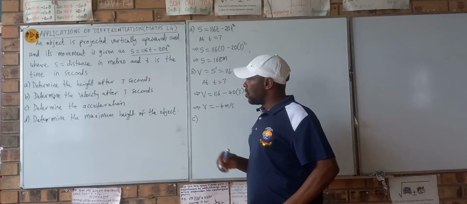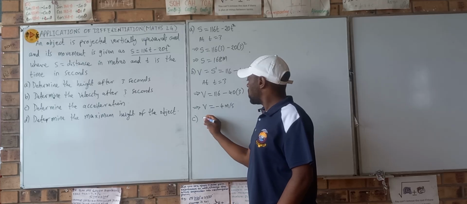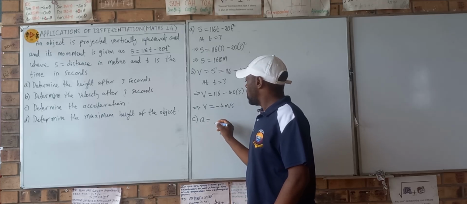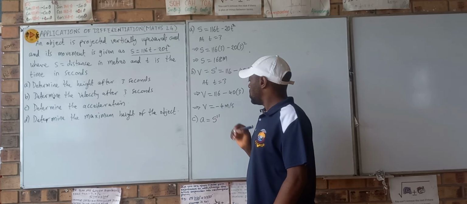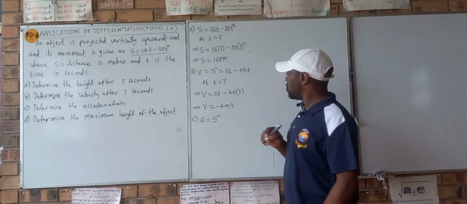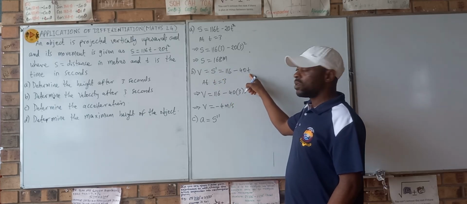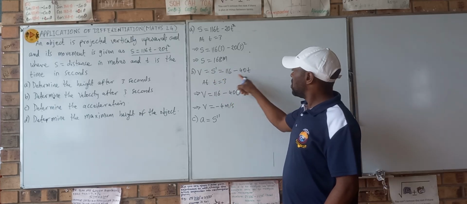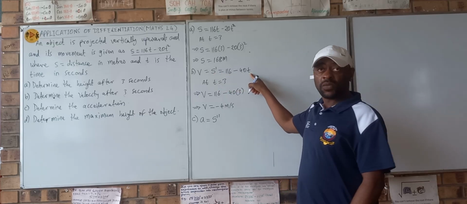So we can now go to the C part. It needs the acceleration. The acceleration, if we call it a, requires you to differentiate the distance, or the displacement, 2 times. We have differentiated the distance once to get velocity, so I have to differentiate again.